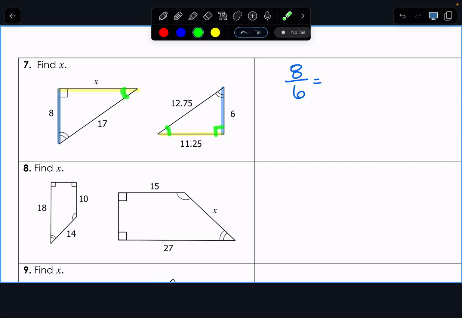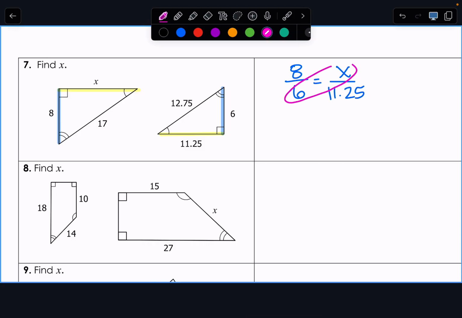Here I have a swoop and the right angle box. So those two match each other. Now, which one do I put in the numerator? Here I did 8 over 6. So if 8 is in the numerator and he's from this triangle, then I better grab X over 11.25.